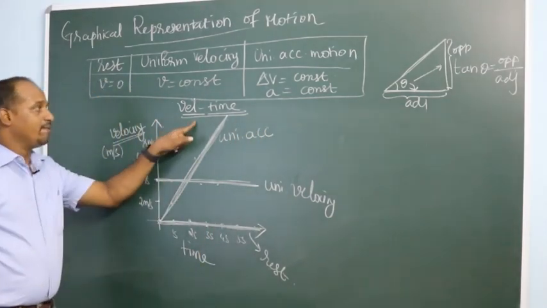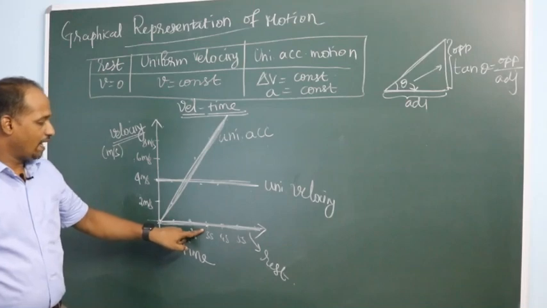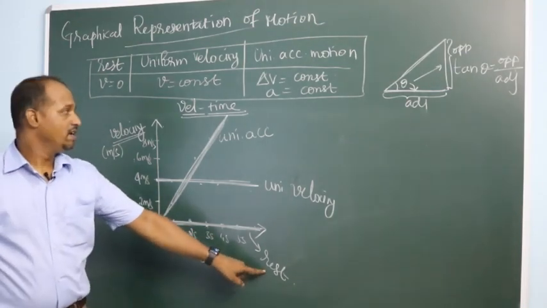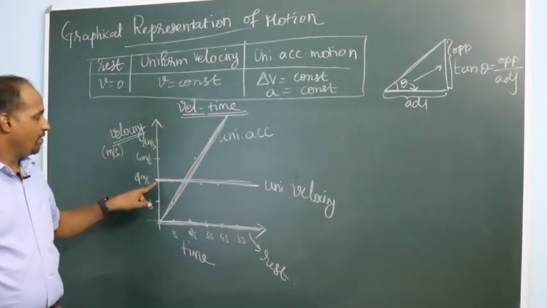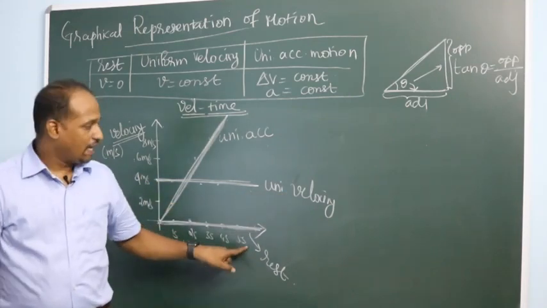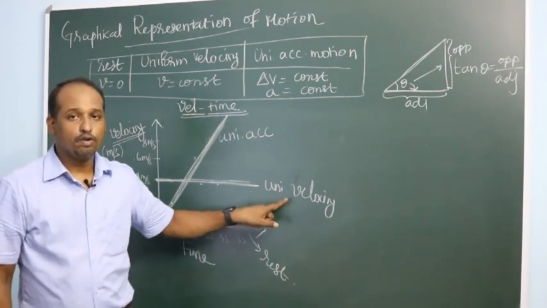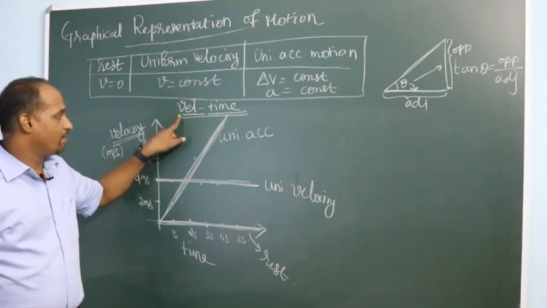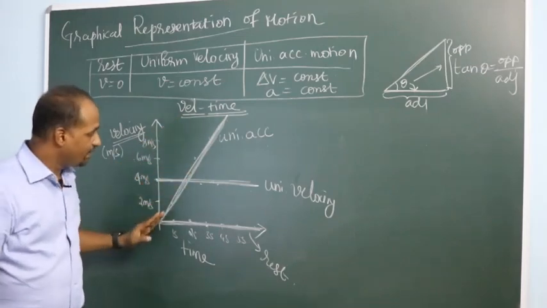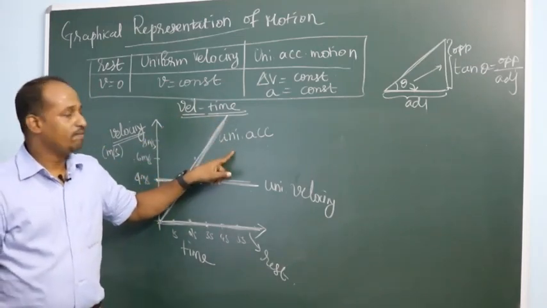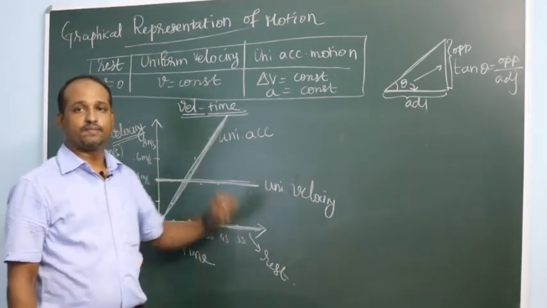So in velocity time graph, if the graph is on the time axis, that represents rest. If the graph is parallel to time axis, that refers to uniform velocity. If the graph is an inclined straight line, that is uniformly accelerated motion.